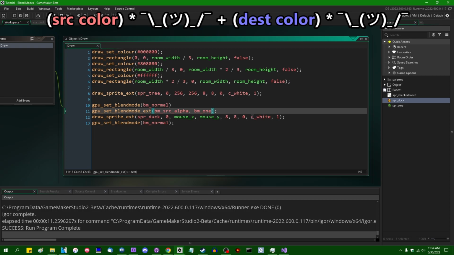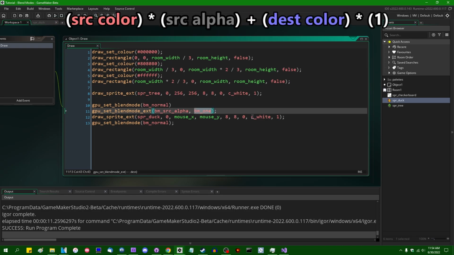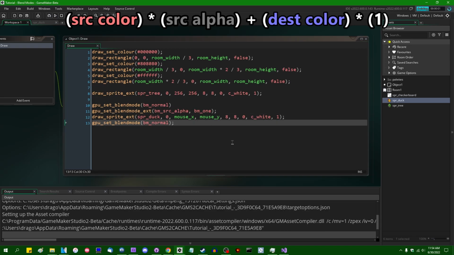And we can represent that with BM_1. So this is going to be just a blending factor of 1 for the destination color. If you multiply the destination color by 1, you get the same value that you started with, and if you add that to the source color multiplied by the source alpha, you will get additive blending. You will get the colors added together, again accounting for the transparency of what you're trying to draw.